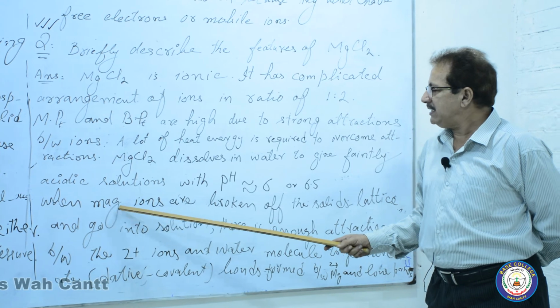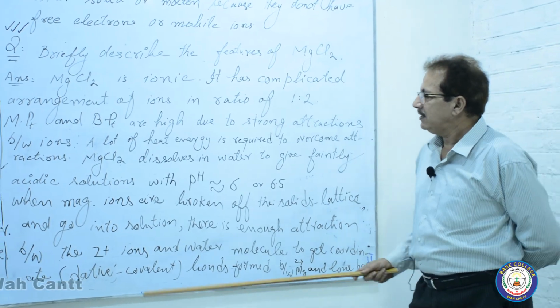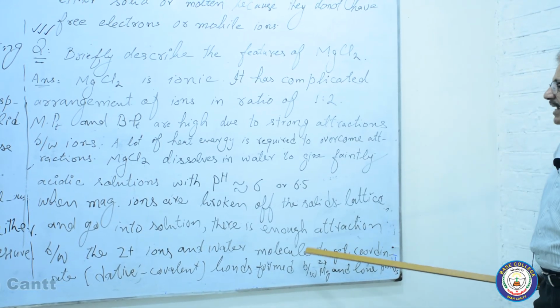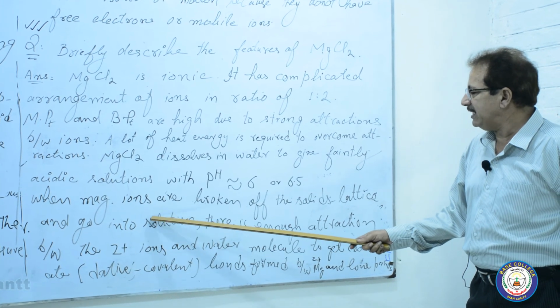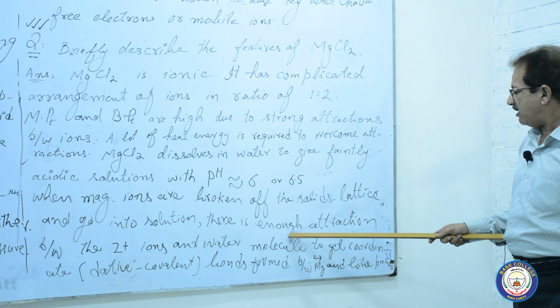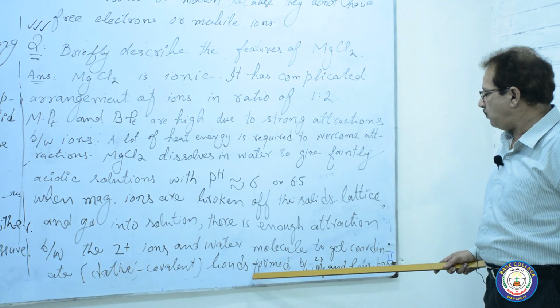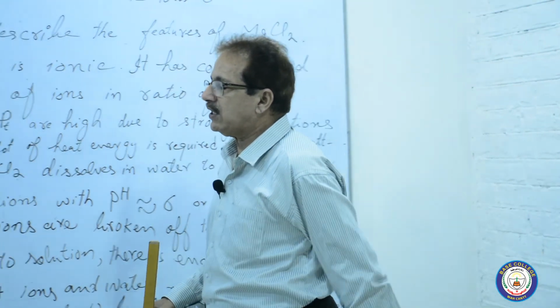When magnesium ions are broken off the solid's lattice and go into the solution, there is enough attraction between the 2+ magnesium ions and water molecules to form coordinate (dative covalent) bonds between magnesium and the lone pair of the water.